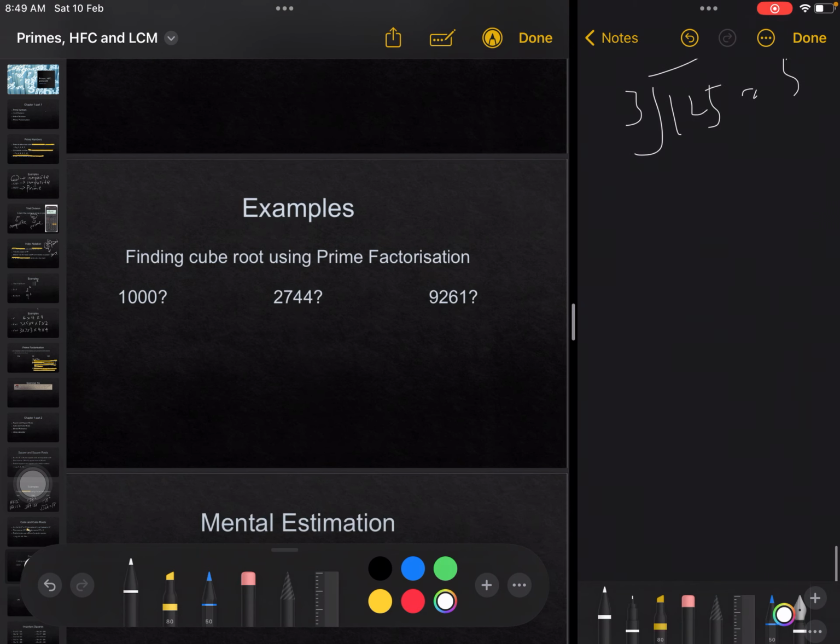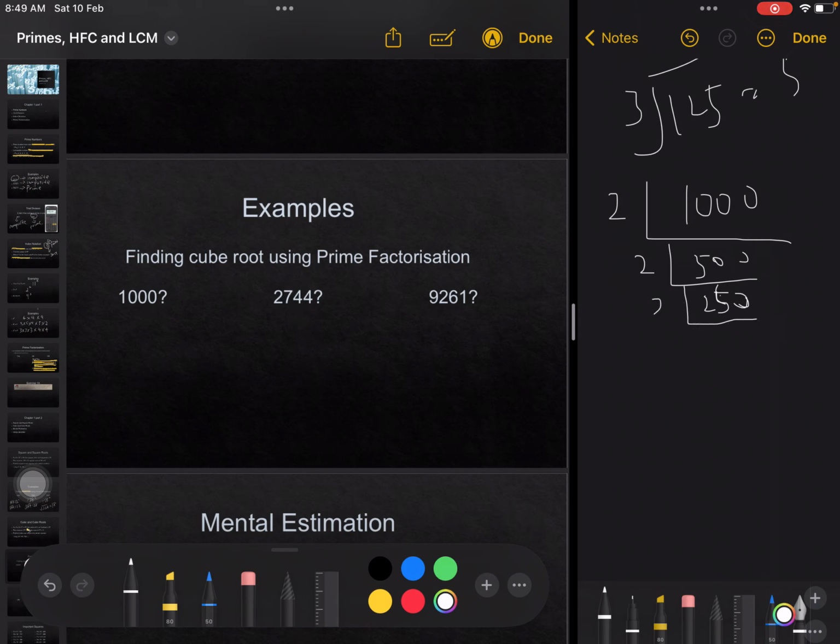Again, find the cube root using prime factorization. Let's try these examples. So 1000. How do we find it? Again we do the prime factorization first. Let's go 1000. Smallest prime 2, we have 500. Another smallest prime 2, we have 250.